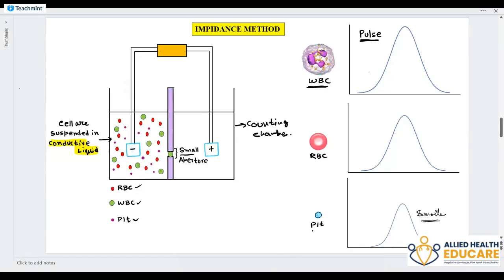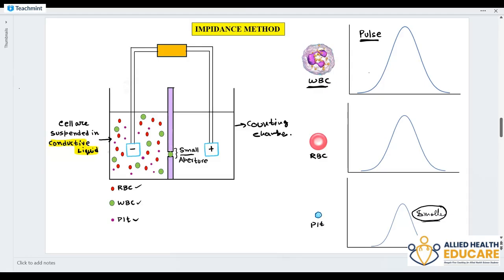Platelet, being the smallest cell, creates the smallest pulse. The pulse generated by RBC is moderate, and a pulse much greater than the RBC or platelet pulse is considered to be generated by WBC.